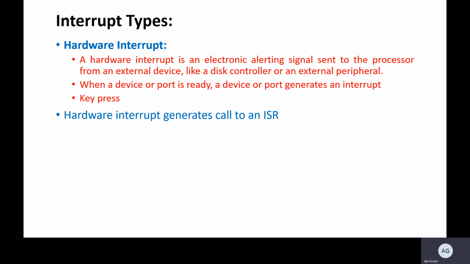When a device or port is ready, the device generates an interrupt. Usually the hardware interrupt generates the call to the interrupt service routine. The ISRs may be saved in a location in the external memory, so the call will be generated to that particular ISR and the hardware interrupt is run.